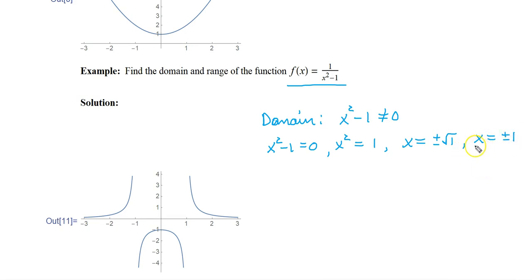So therefore we have to exclude these points, because if we put positive or negative 1 in here, then we'll get 1 over 0, and we can't divide by 0. So therefore our domain will be all real numbers except 1 and negative 1. So let's write that out.